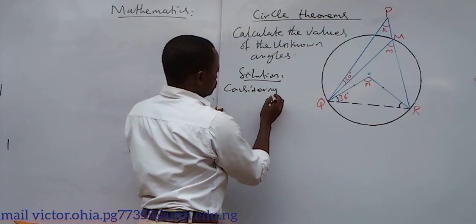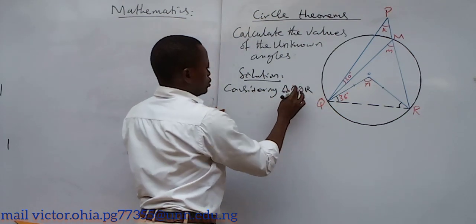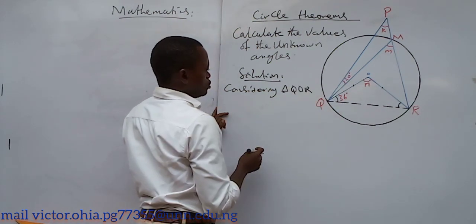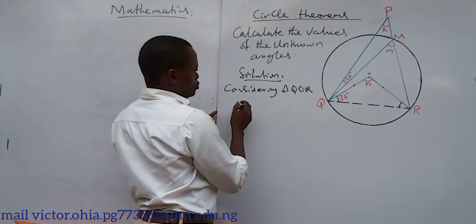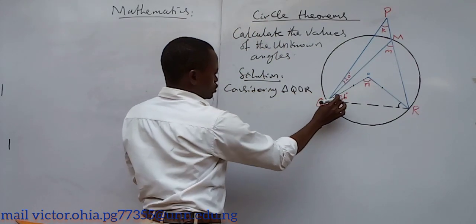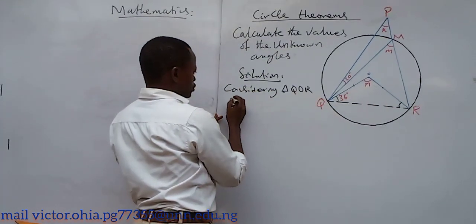considering a triangle QOR. You know that this angle here is equal to this angle here. What am I trying to say?